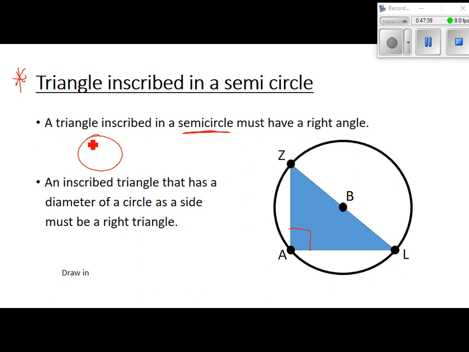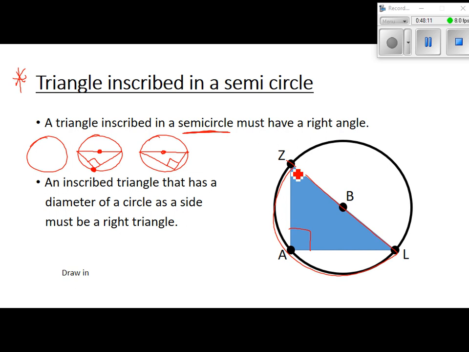If you pick a diameter of the circle and you connect the two endpoints with the vertex being on the circle, that angle, no matter how somebody draws it, no matter where they draw it to, is always going to be a right angle. So if a triangle is inscribed in a semicircle, in half the circle, it's got to be a right triangle.